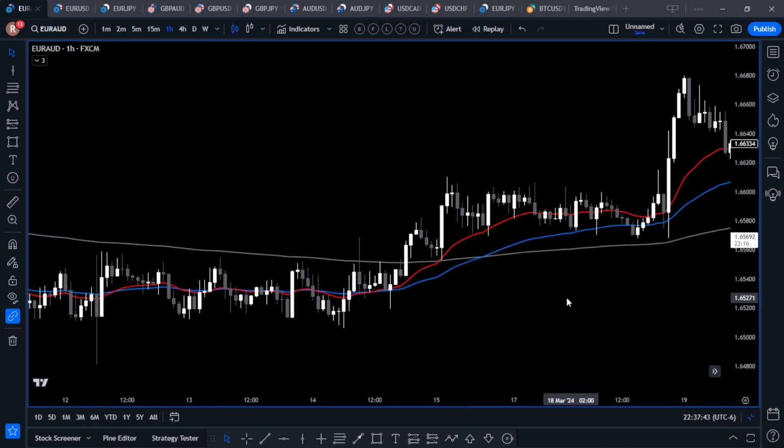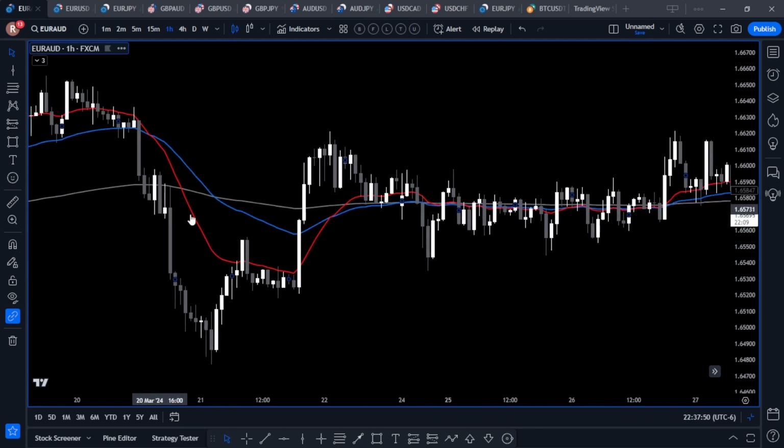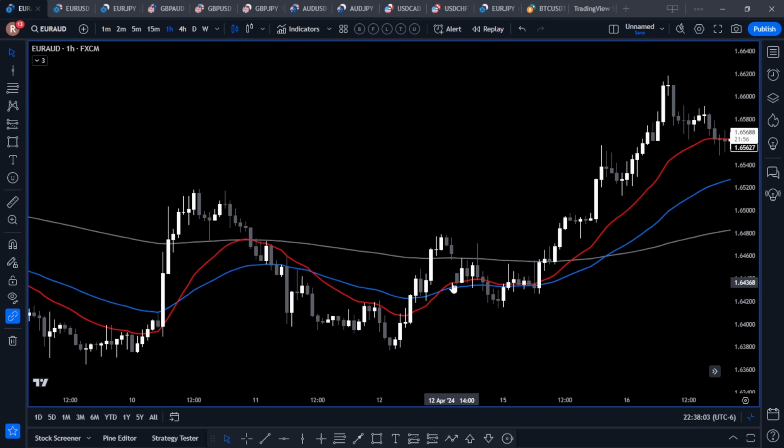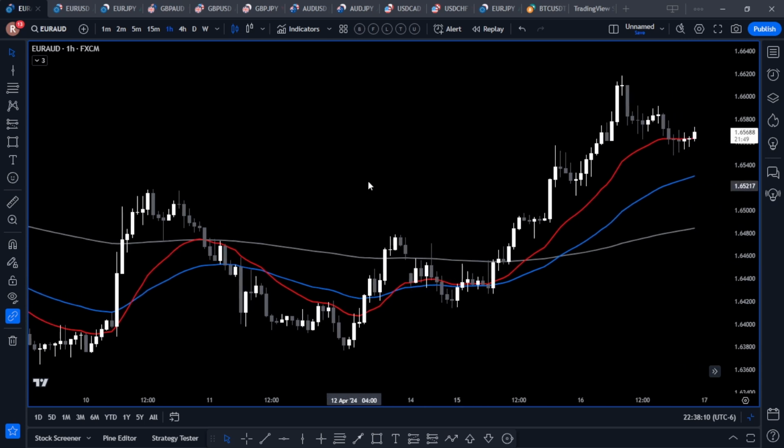Let's take a look at an instance where we have these moving averages that aren't in agreement. So in an area like this, what I'm looking for would be a buy trade. As soon as the price gets above the 200, right in this area here, we're looking at seeing the price above the 200. And what's happening is the 20 is above the 50. So now I'm looking for opportunities to buy.